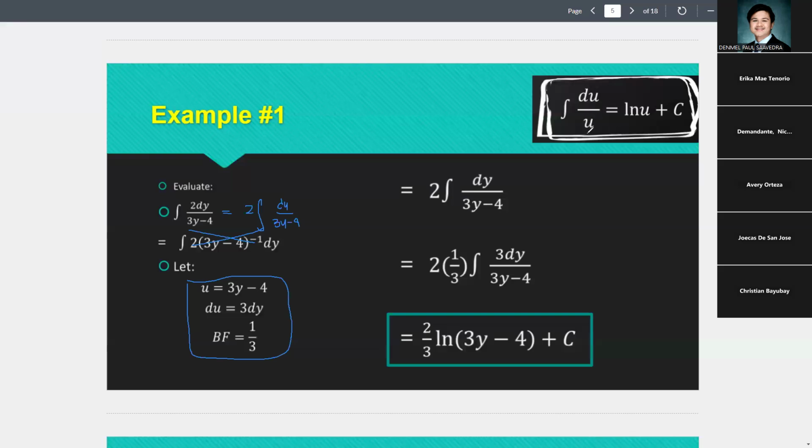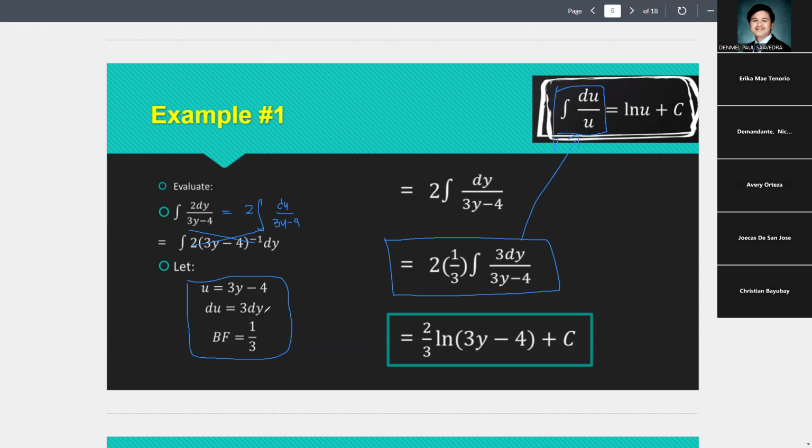So this is the complete one. This is our 2, and then we have the du, which is 3 dy. This is the original, and we took out the 2, with the help of the balancing factor.